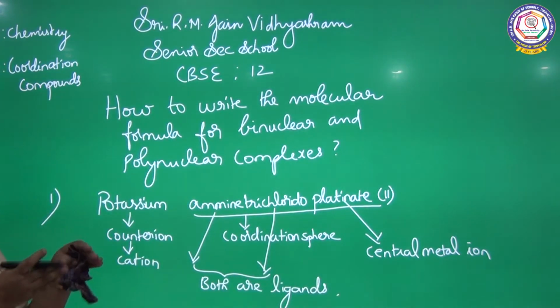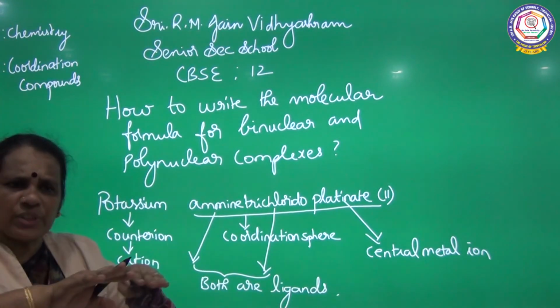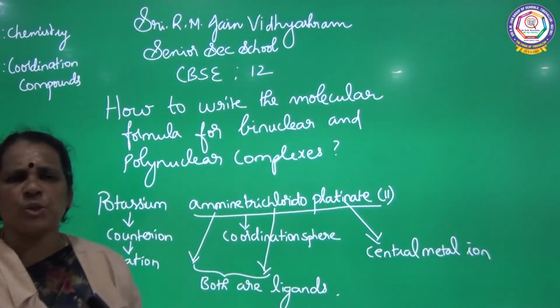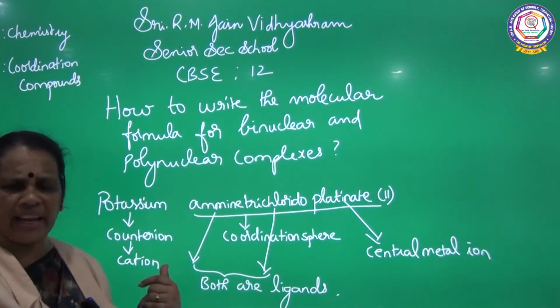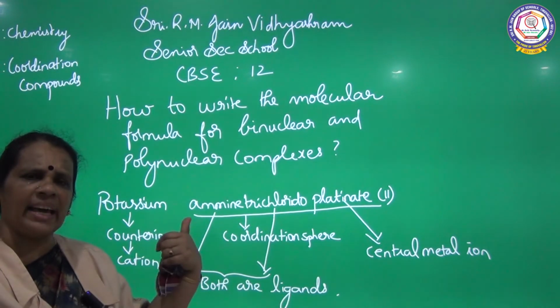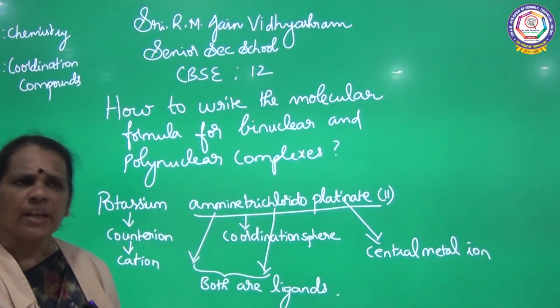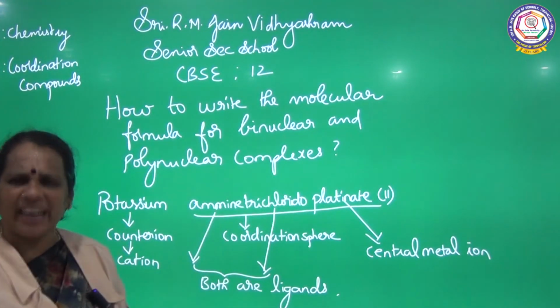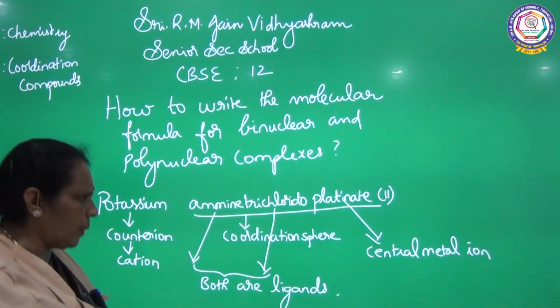So first I have written the name, and I have to segregate the counter ion as well as the coordination sphere. In my compound, the counter ion is potassium, a positively charged species, so it is a cation, and I have underlined the coordination entity.